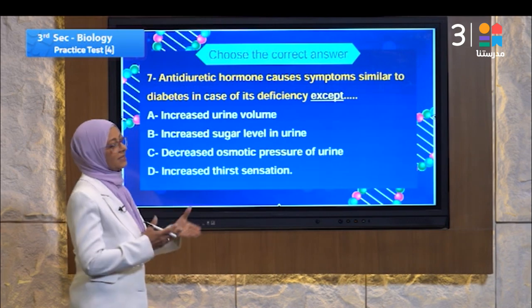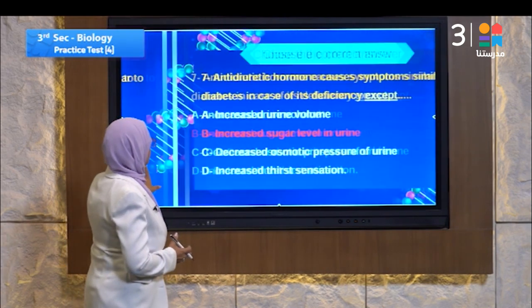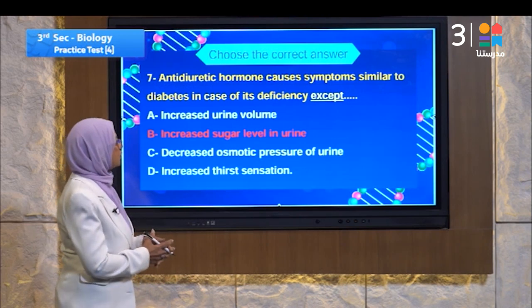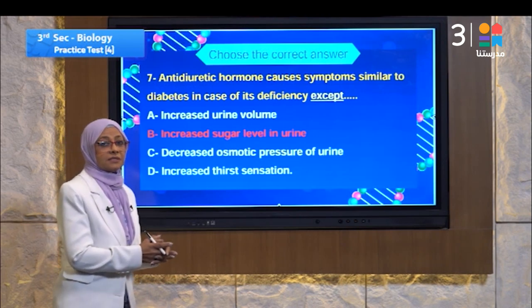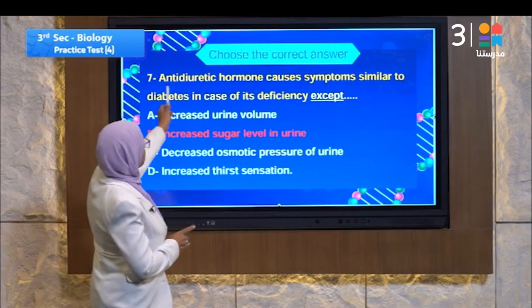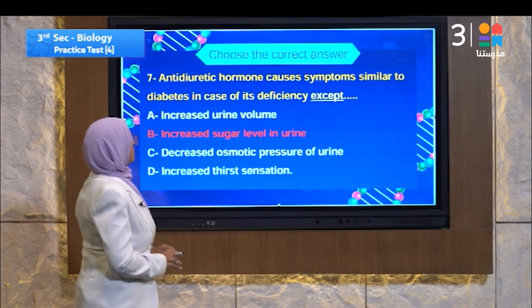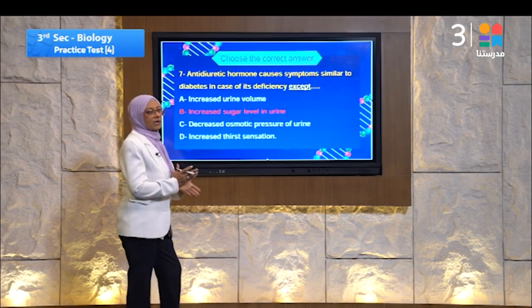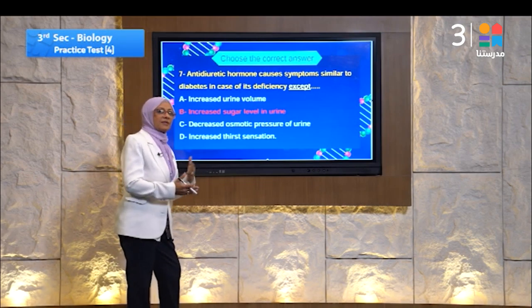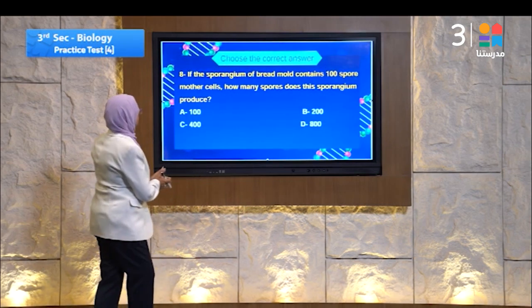ADH doesn't make this, but insulin does. So the answer must be number B, increased sugar level in urine. That's the answer. Comparison between ADH hormone and insulin hormone: insulin hormone deficiency makes diabetes.